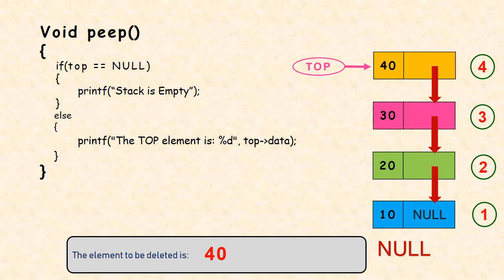If the stack is empty, you don't need to delete anything. You cannot delete anything because there are no elements. That can be verified by comparing whether the top value is null or not. Similarly, in peep also, if someone wants to display some data, we have to verify whether there is data or not. If top is equal to null, there is no data, so you cannot display anything. That is why this if block is verifying whether the stack is empty or not.